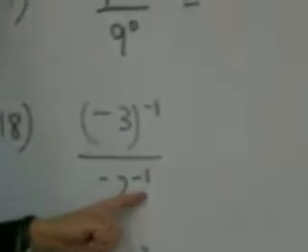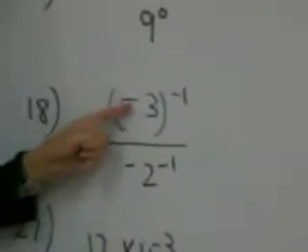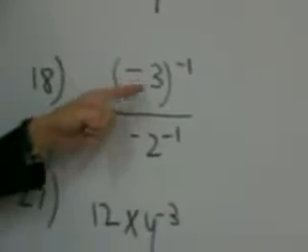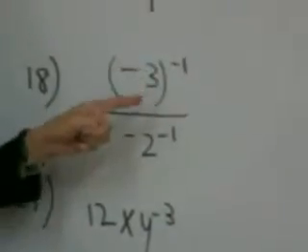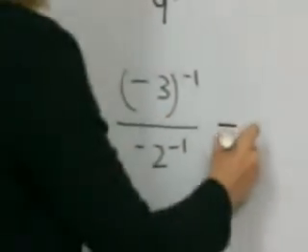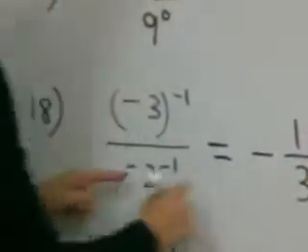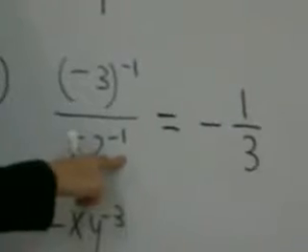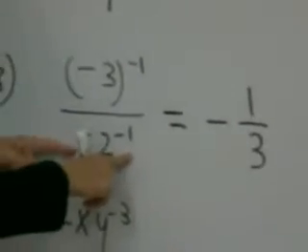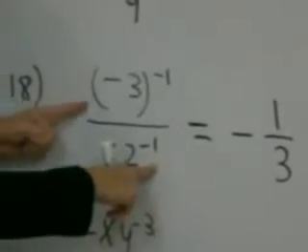Now let's see this one. We have a negative 1 exponent there and a negative 1 exponent here. Let's deal with this one first. If I have this to the negative 1, this is the same as negative 1 over 3. This one is to the negative 1, and it's below the line, which means that there's a 1 here as well.